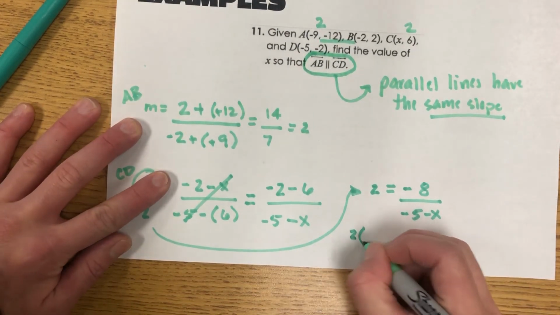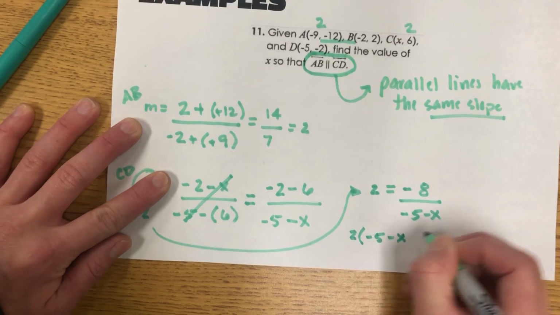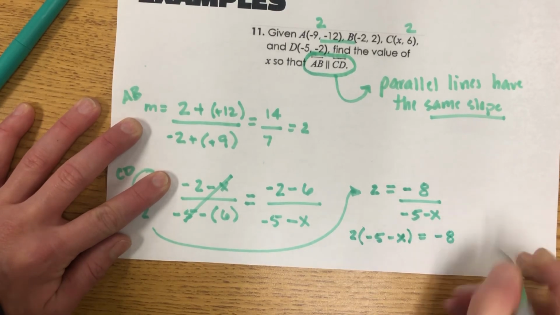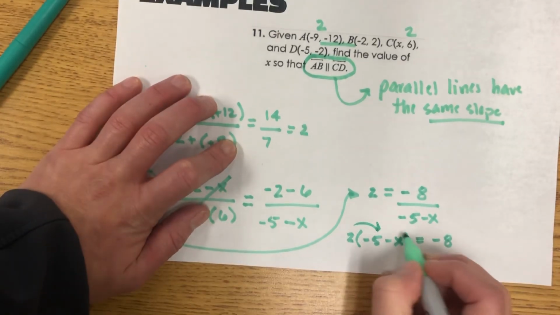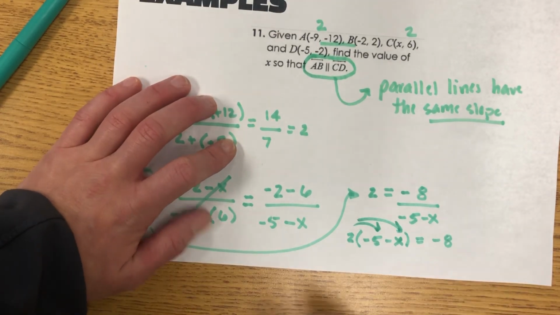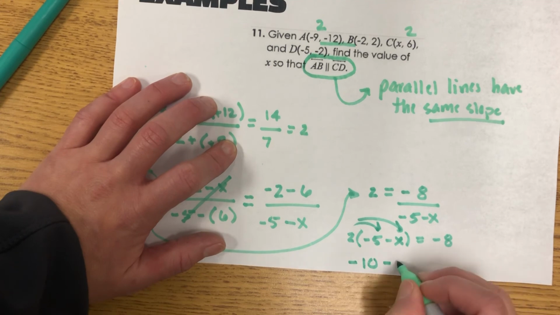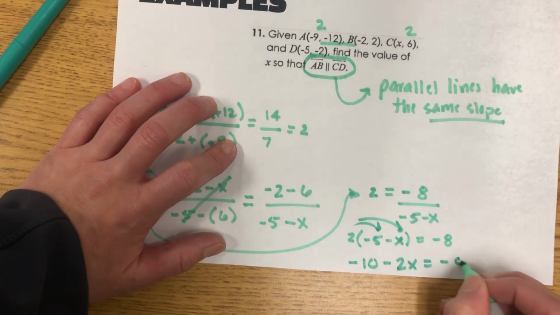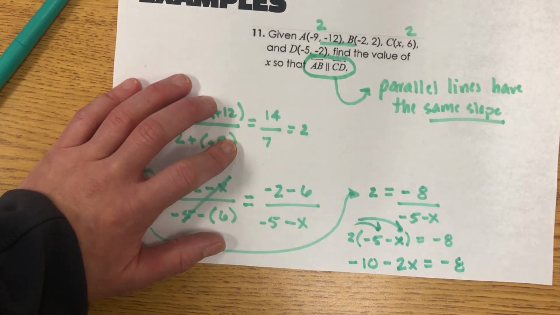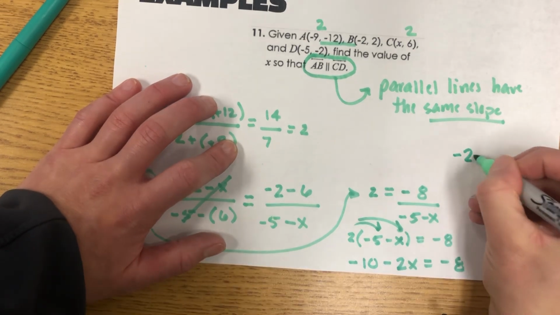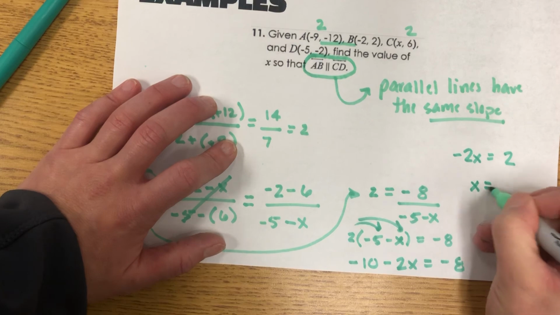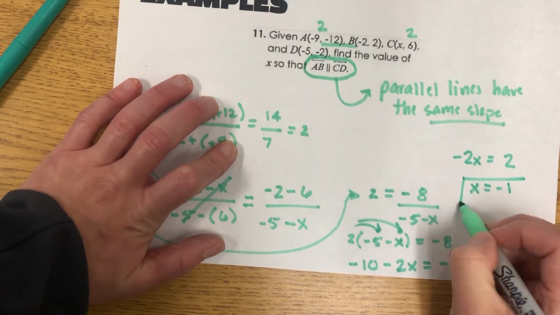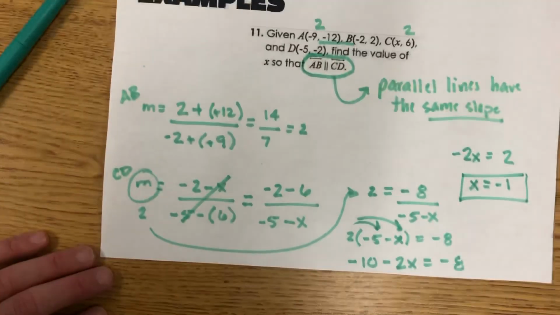So then 2 times negative 5 minus x equals negative 8, because those would cancel out. Using the distributive property, we distribute the 2, so negative 10 minus 2x equals negative 8. Add 10 to both sides, we are left with negative 2x equals 2. Divide by negative 2, x equals negative 1. So our missing variable here would be negative 1.